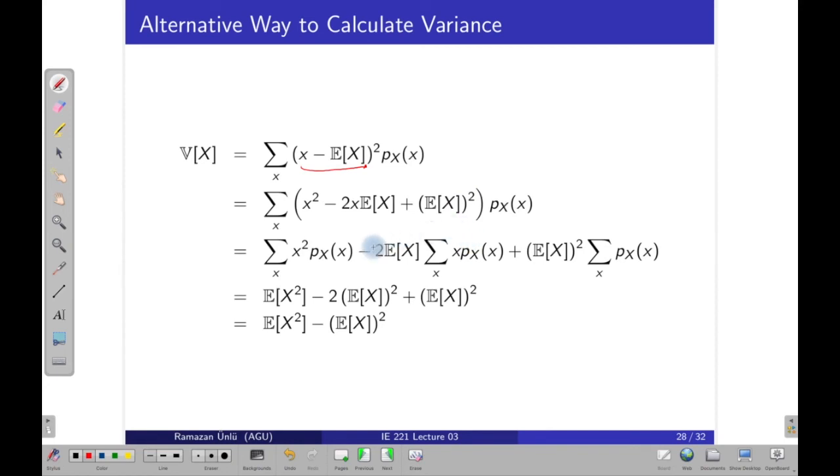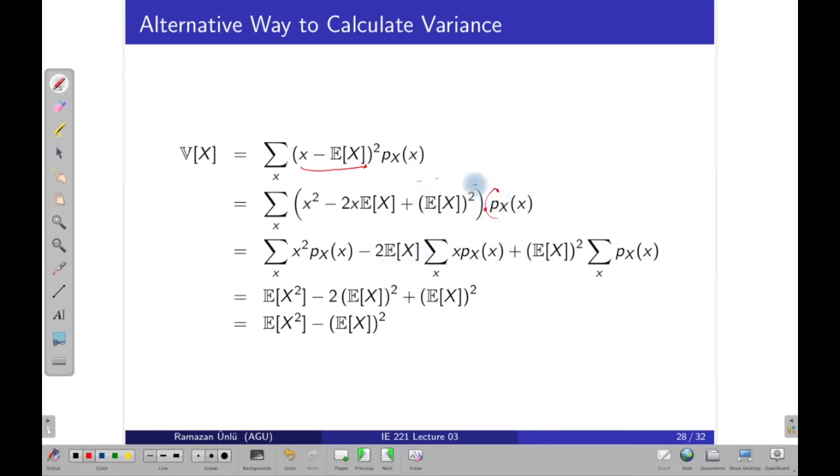Okay, and let's make the multiplication, and from this multiplication, it will be sum of x squared times PMF of x, minus 2 expected value of x, right, and summation of x times PMF of x, right, and plus expected value of x squared times summation of PMF of x.